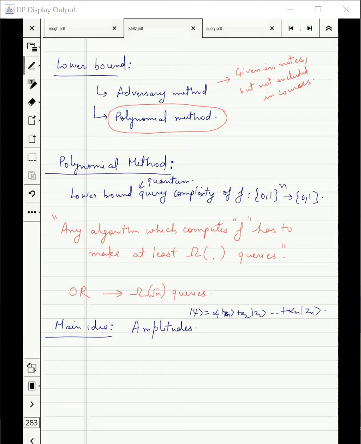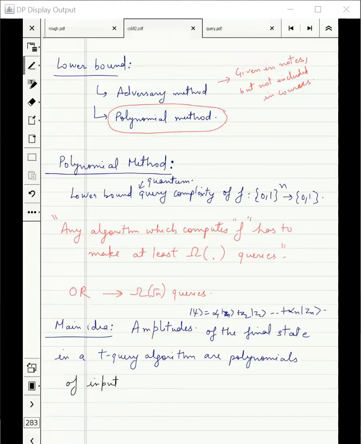These amplitudes of the final state in a T query algorithm are polynomials of input variables with degree at most t.